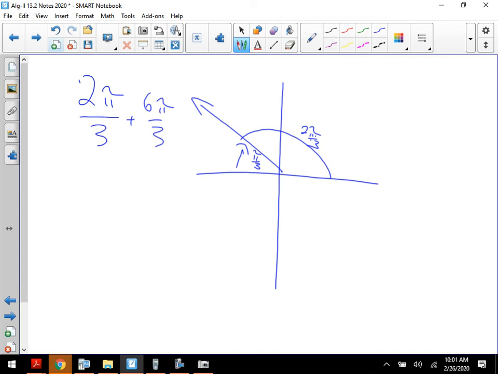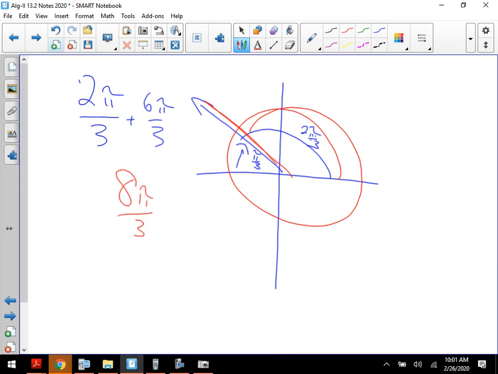So I would go around, and I would wind up at 8 pi over 3. Same reference angle, same everything there. If I want to go negative, again, think of it in terms of negative pi. I'm moving negative 3 pi over 3, and then I have to move another 1/3 pi.